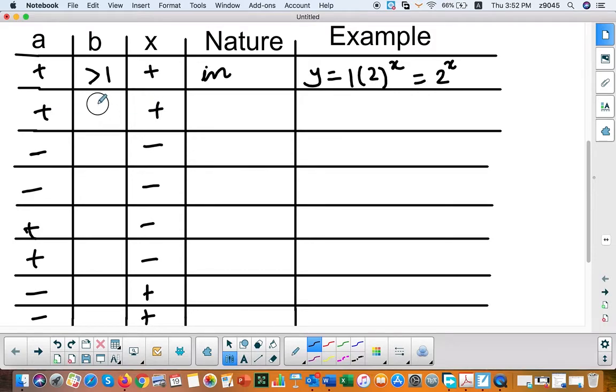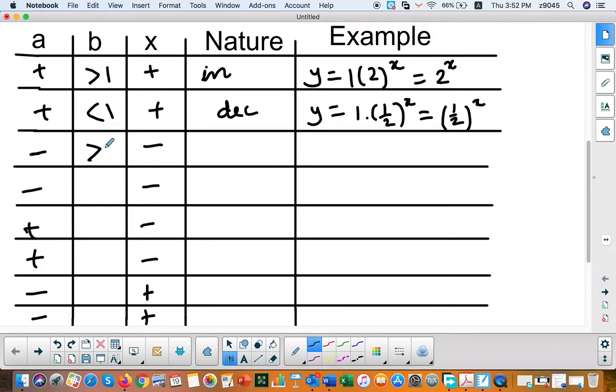When both are positive and b is less than 1, y equals 1 times 1 over 2 to the power x. 1 over 2 is less than 1. So this is also equal to (1/2) to the power x. The value of b is less than 1, a and x both being positive. This is a decreasing graph.